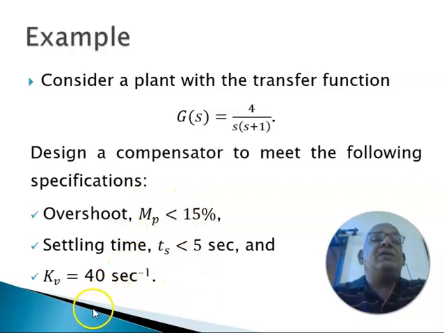We'll do that in a little while, but what we'll try to see is if the system is left as it is without any compensator and we just use unity negative feedback, will these requirements be met? That is what we need to see before we actually design a compensator. That is, we need to see if a design is really needed.